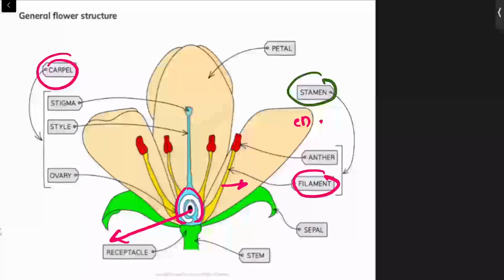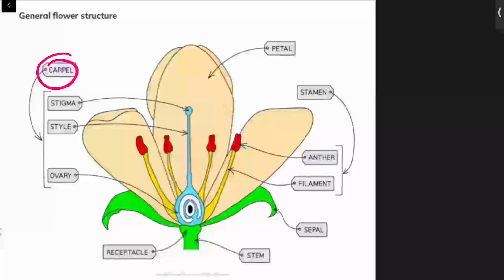During a process known as pollination, pollen grains are generally transferred from the stamen, or you can say the anther, to the stigma. This could happen within the same flower, from the stamen of one flower to the stigma of the same flower.